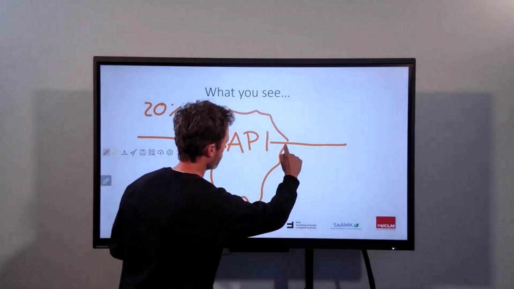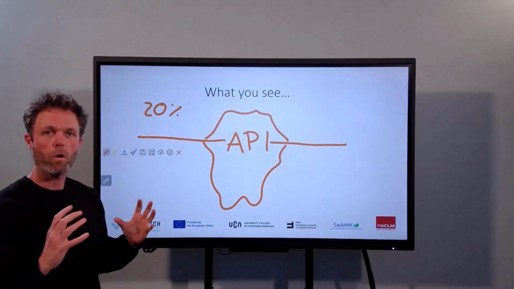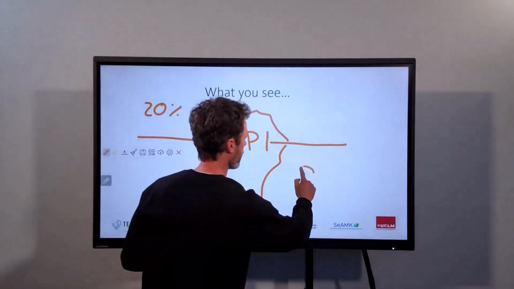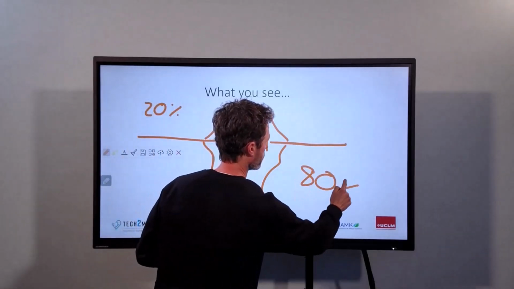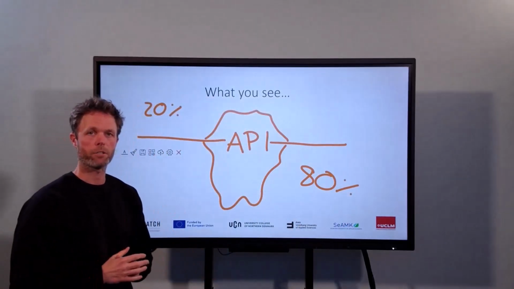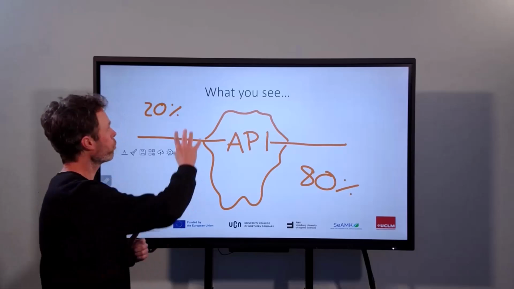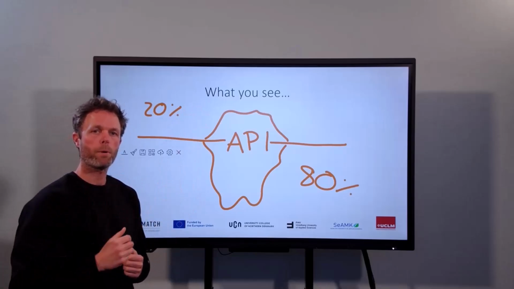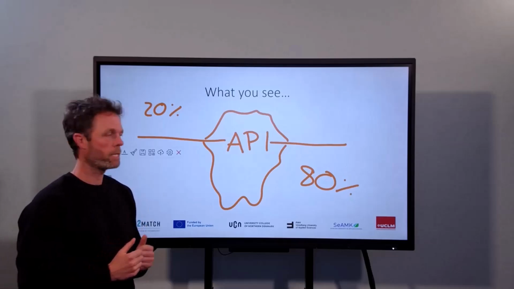On the back end part, we have all the supportive systems which make up approximately 80% of the entire architecture. So what you see is actually a small part, but it's the most important part for you to consider.